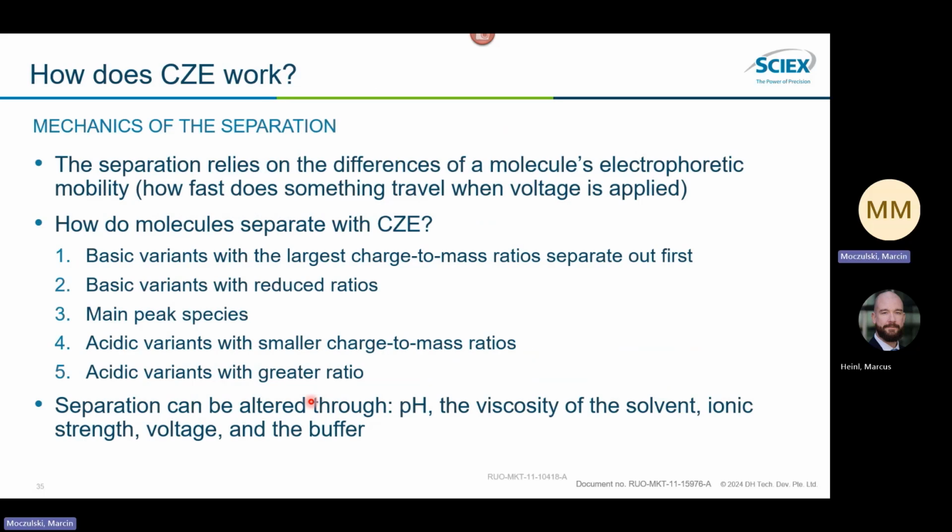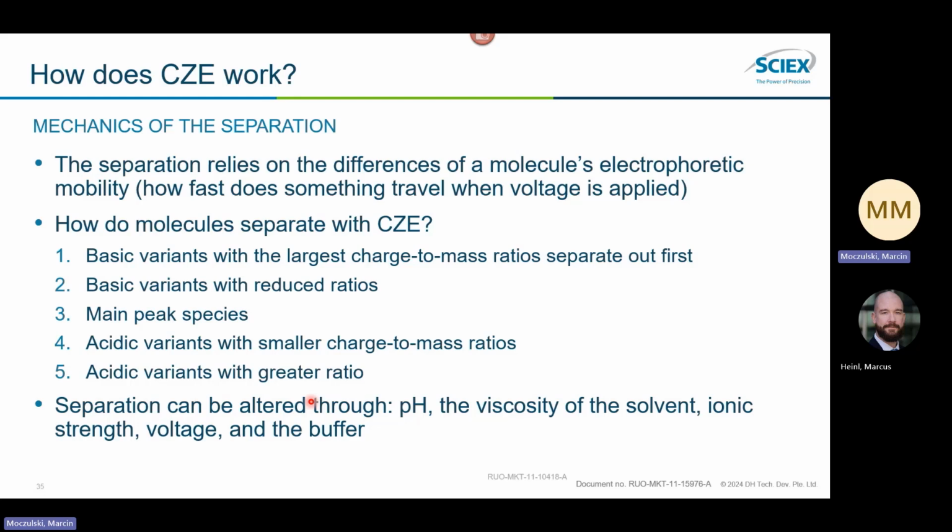How are molecules separated? The mechanism is very simple. We see differences in mobility, the charge to size ratio of the separated products. The first peak observed represents basic variants, with the largest charge to mass ratio. Then we observe basic variants with a reduced ratio between charge and size.